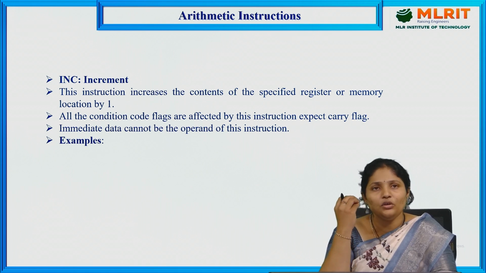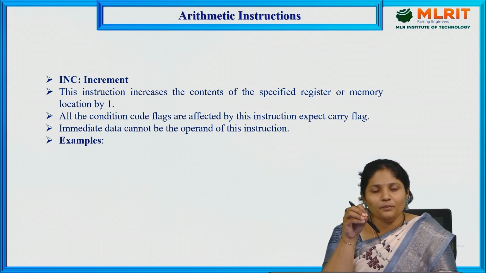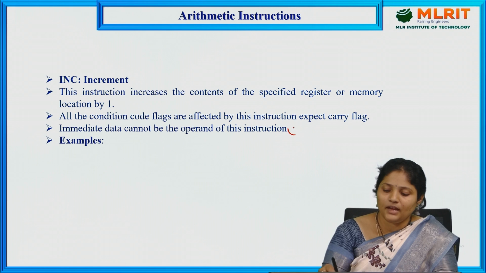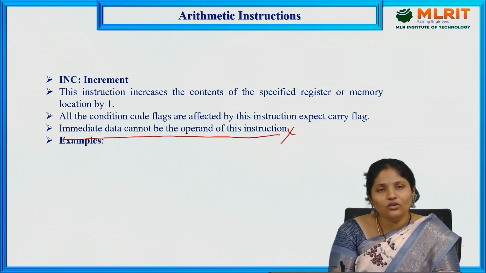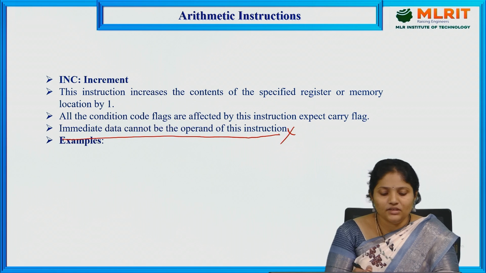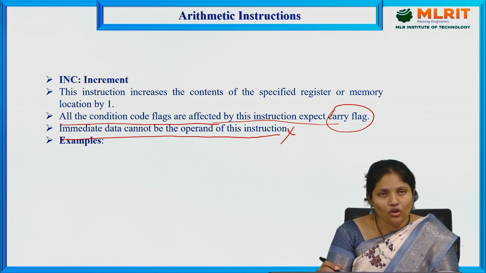If we want to perform increment or decrement on immediate data, it isn't allowed, because immediate data cannot be the operand of these instructions. All the condition code flags can be affected by these instructions except the carry flag. The carry flag will not be affected.